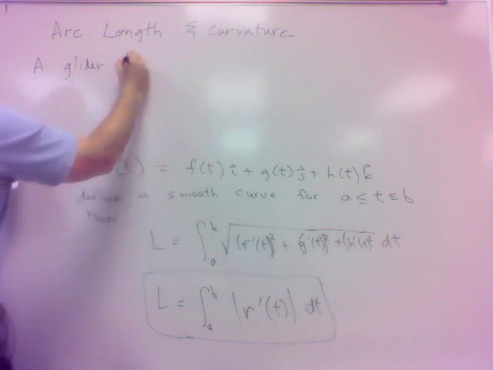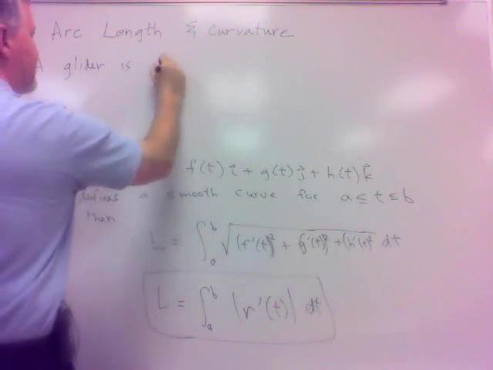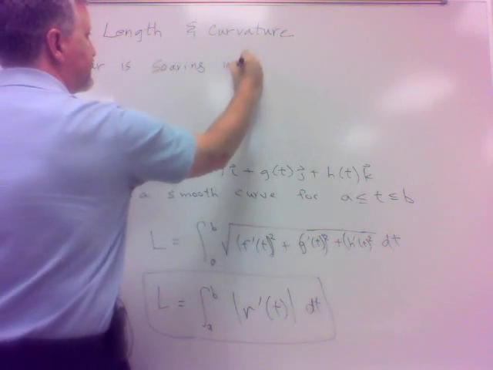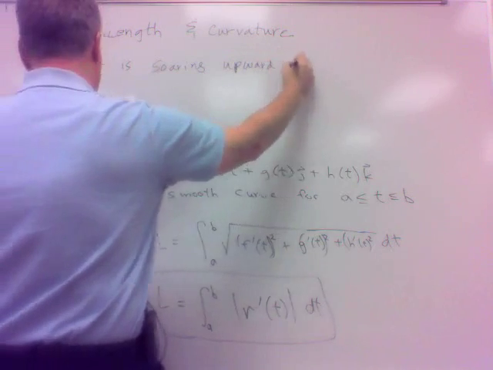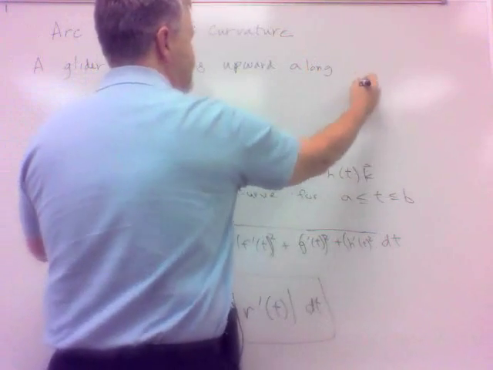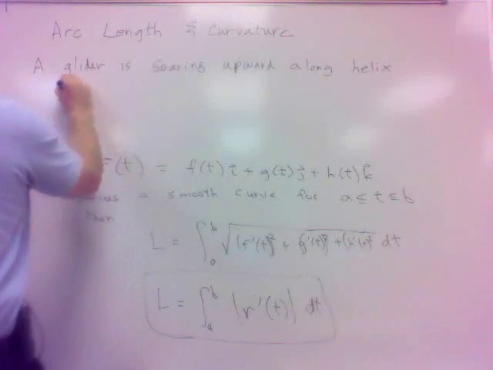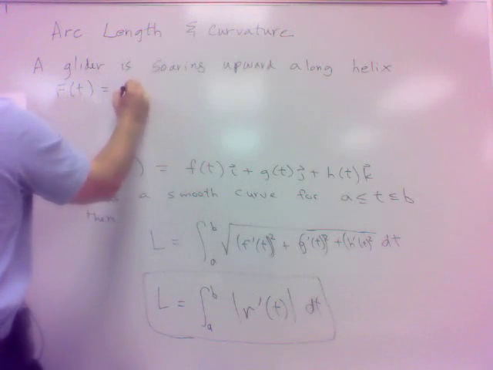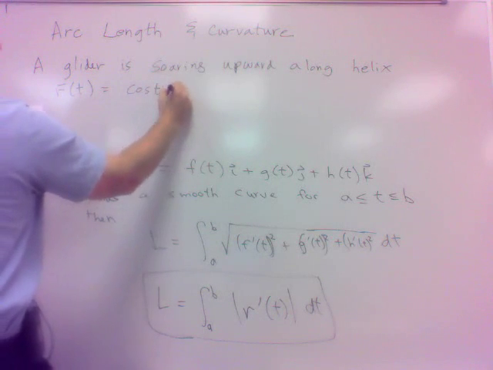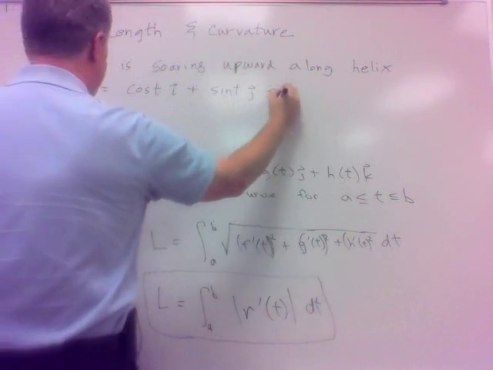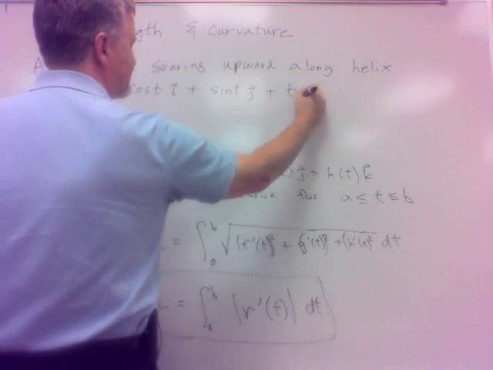Okay, let's say we've got a glider soaring upward along the helix defined by vector r equals cosine t i plus sine t j plus t k.